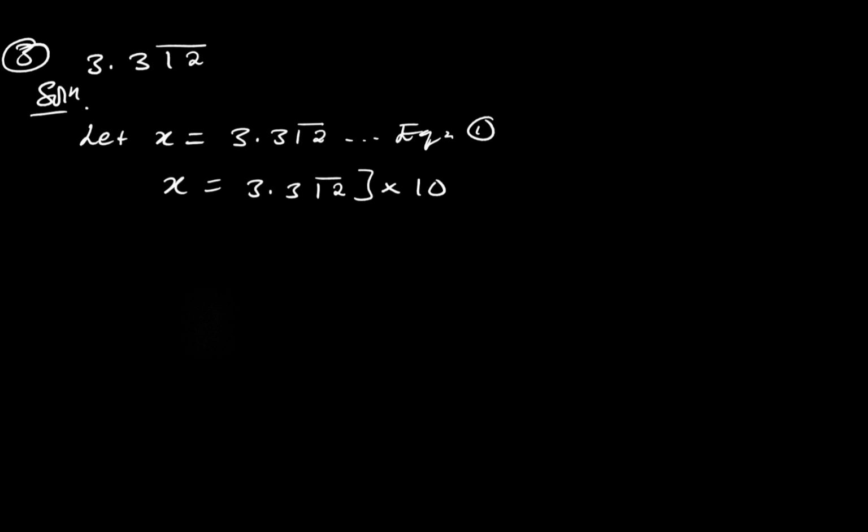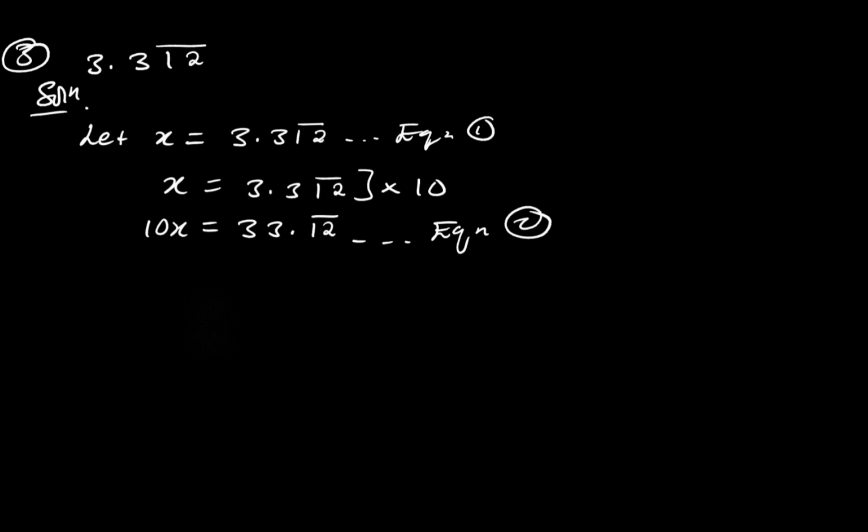I'm only multiplying by 10 simply because I want to push the 3 to go to the left hand side of the decimal point, so that I can have the repeating bar mark value just before the decimal place. You'll see where the multiplying by 100 or 1000 comes in. So this will be 10x being equal to 33.12 bar. So this is equation number 2.